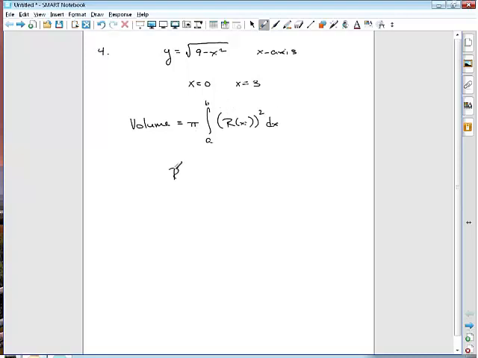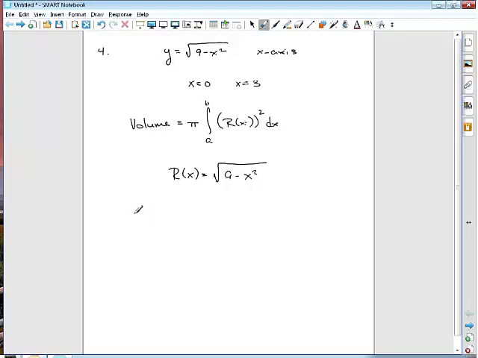So in this case, r of x is just equal to the square root of 9 minus x squared. And it's a function of x because x is on the right-hand side. So r of x is equal to y in this case.